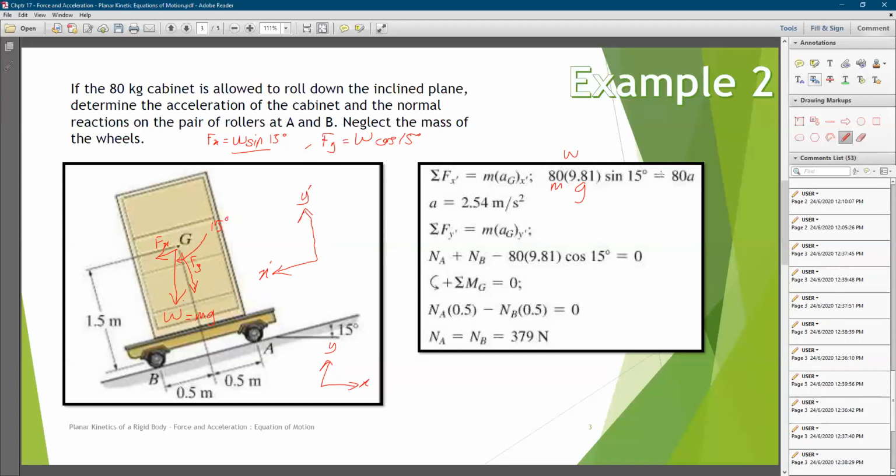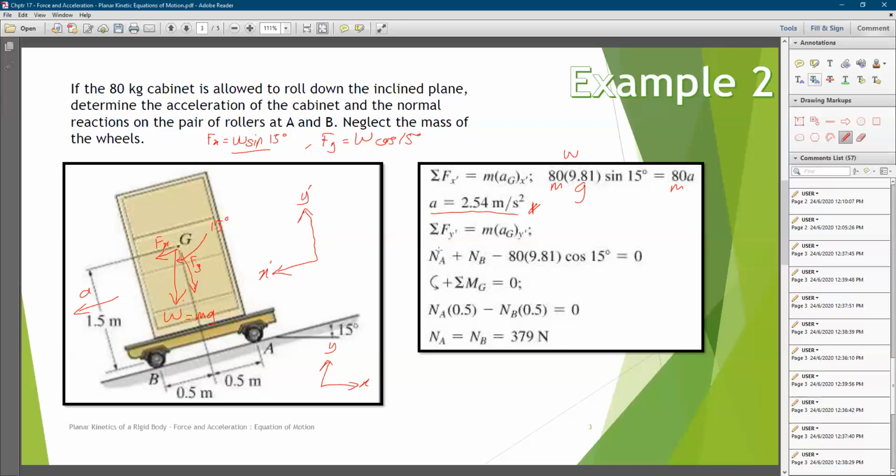And that will equal the mass of the system multiplied by the acceleration of this cabinet in the x direction, A. Okay, and from here we can resolve, and we get A is equal to 2.54 meters per second square.